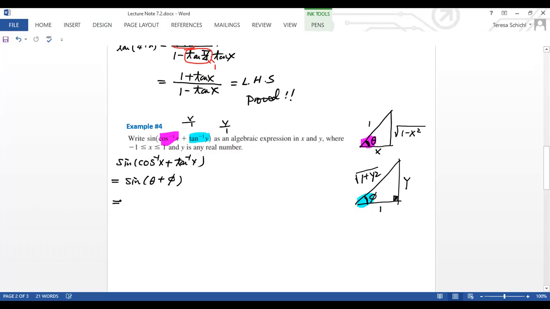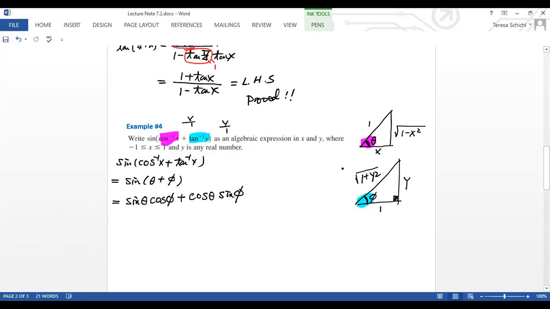Now I can use the addition formula: sine theta cosine phi, and here's a plus, so plus cosine theta sine phi.